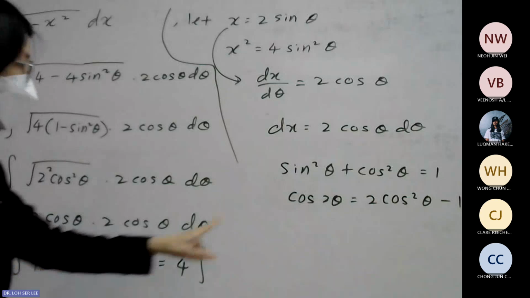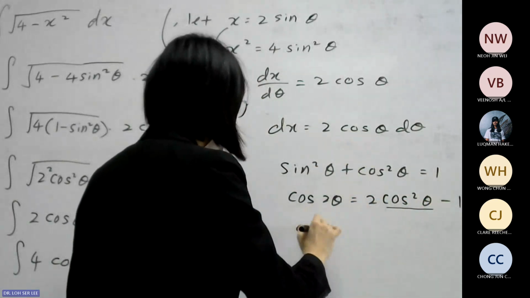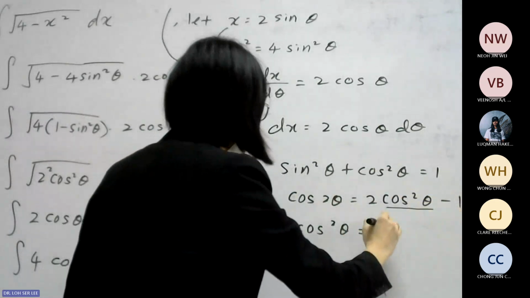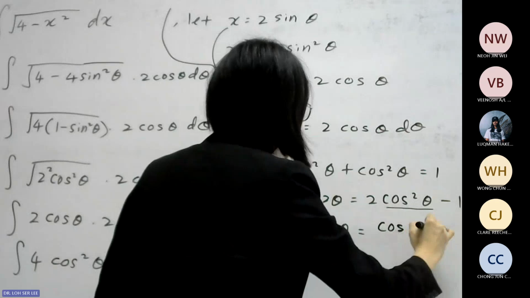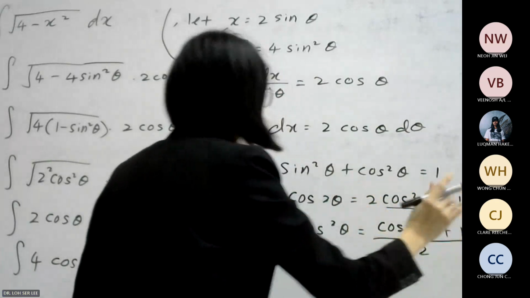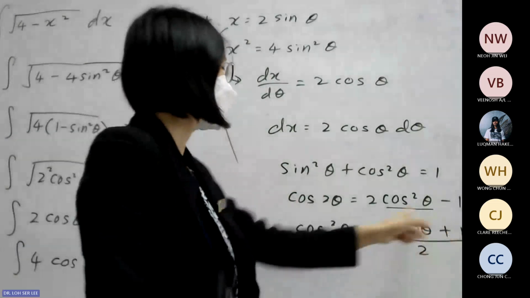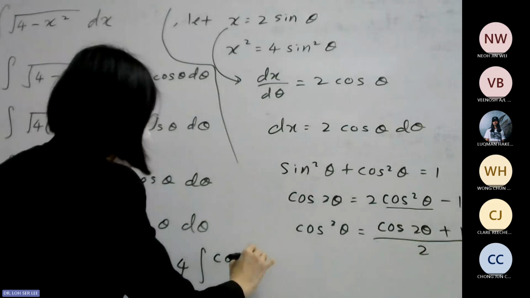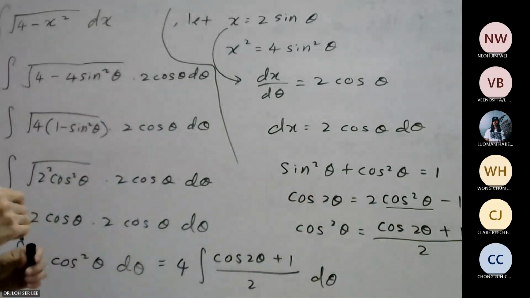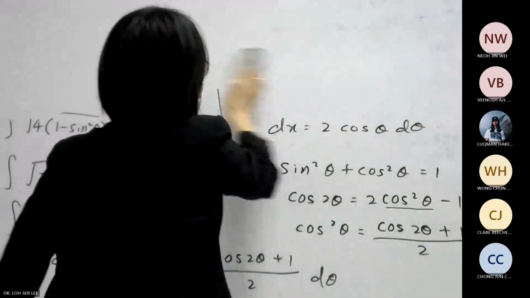So we want this cos squared theta. We rearrange, so cos squared theta will be cos 2 theta plus 1, divided by 2. We replace the cos squared theta by cos 2 theta plus 1 divided by 2.